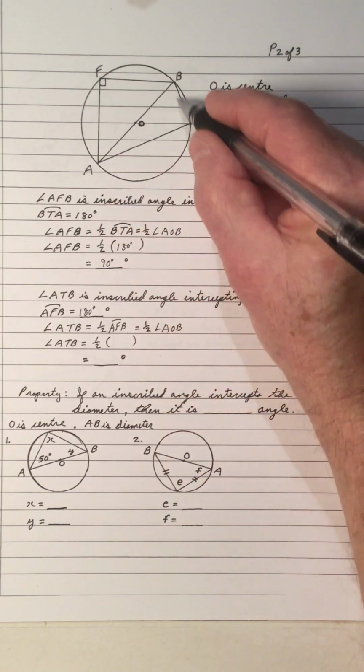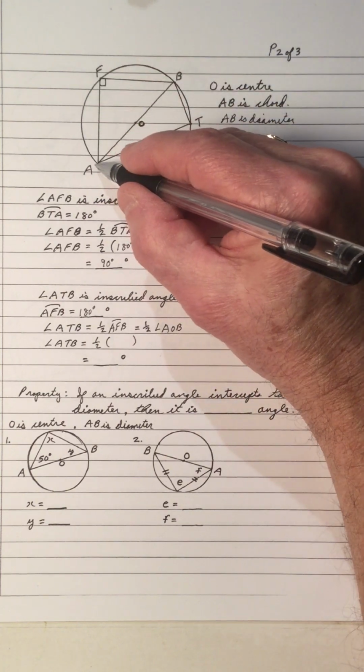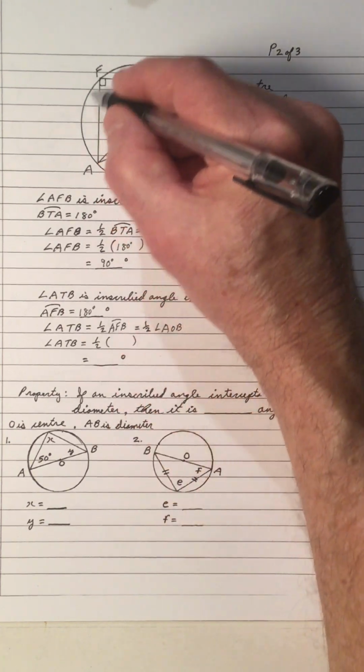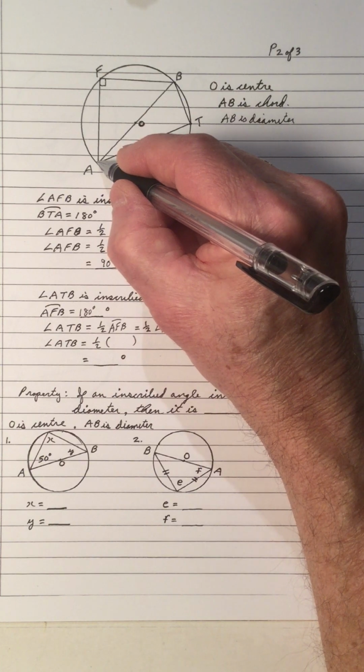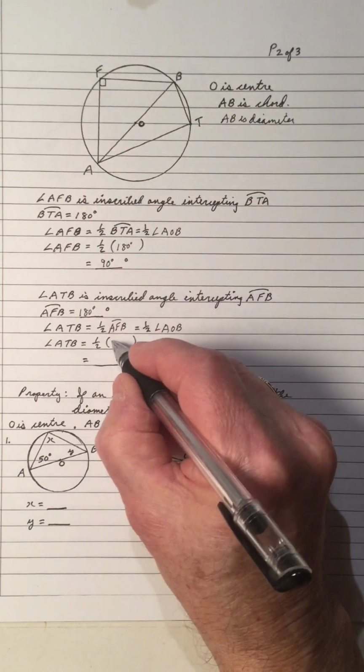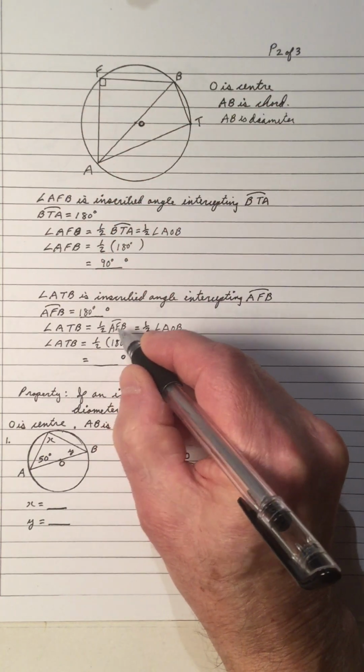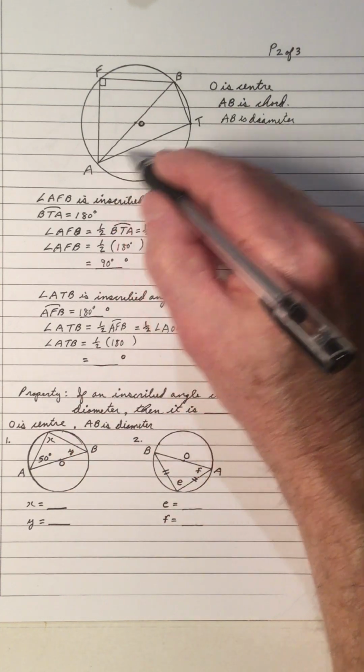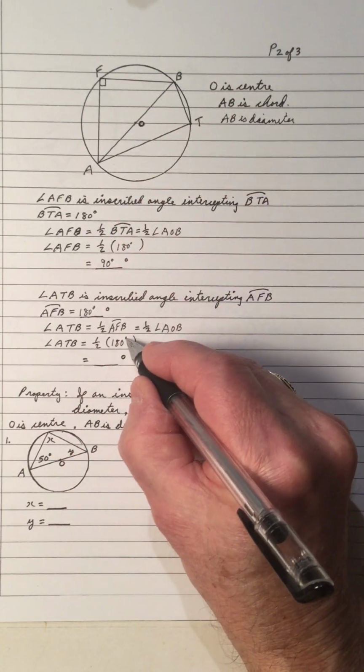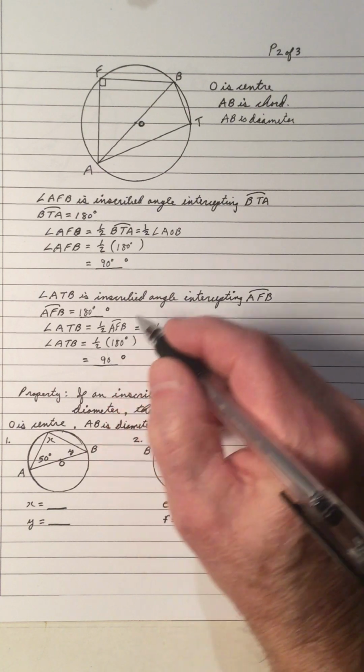So this inscribed angle is a half of this arc, or half of the central angle. And again, the central angle is 180. So this angle ATB is a half of 180, which is 90.